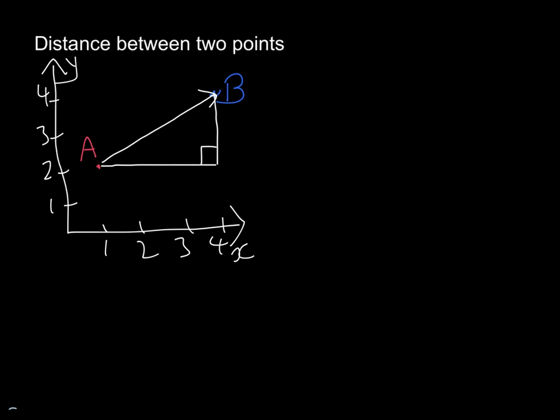Now we can see from the chart that, let's call this corner C, the distance AC is the difference in the x coordinates, which is 4 minus 1, which is 3.